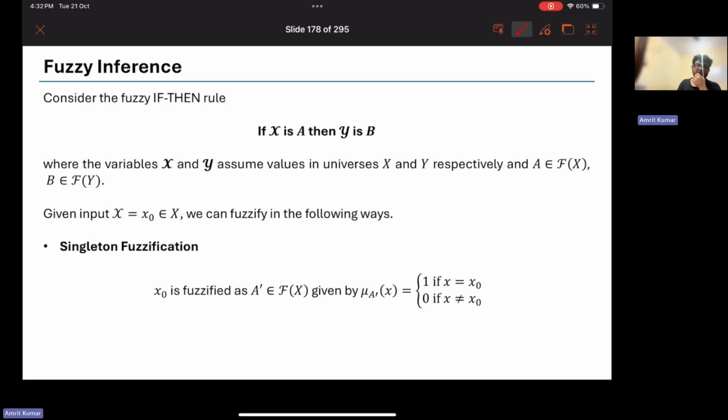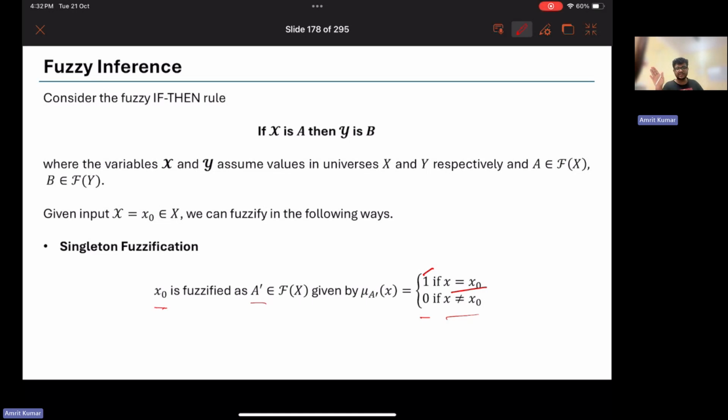Singleton fuzzification, as the name itself implies, means that x naught, your input value, is fuzzified as a fuzzy set A dash. And this fuzzy set A dash takes value 1 at x equals x naught, and everywhere else it takes the value 0. And that is why it's called singleton fuzzification. You are fuzzifying it at x naught only.